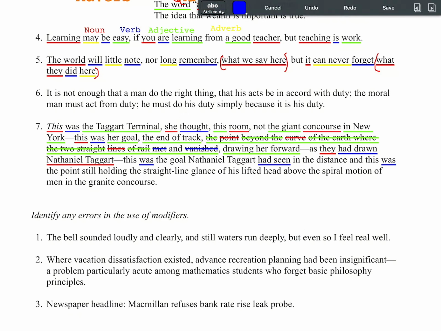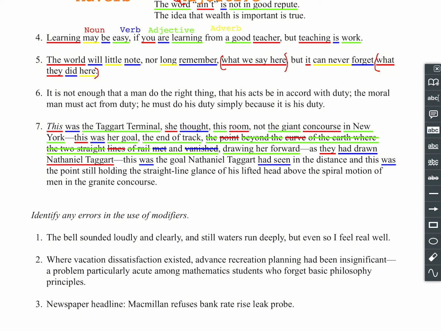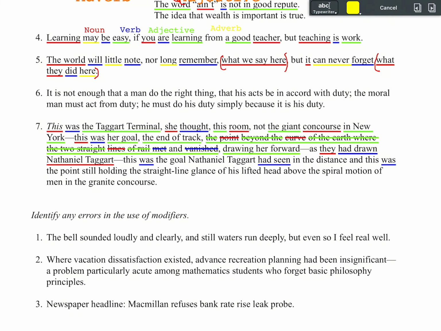Oops. Okay, save. Identify any errors in the use of modifiers. The bell sounded loudly and clearly, and still waters run deeply. But even so, I feel real well. Well, you're supposed to feel really well. So that's a thing.